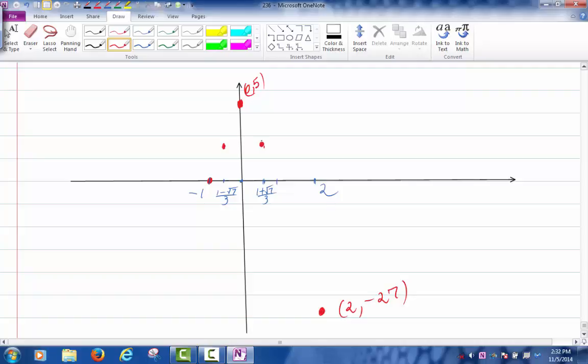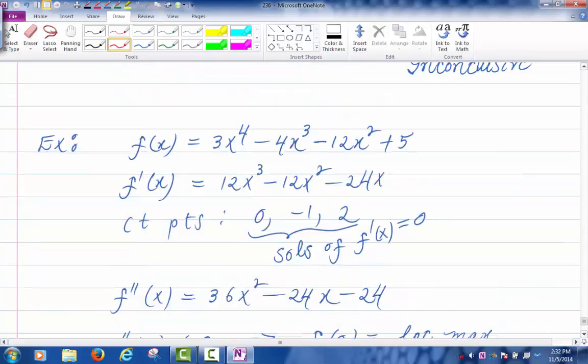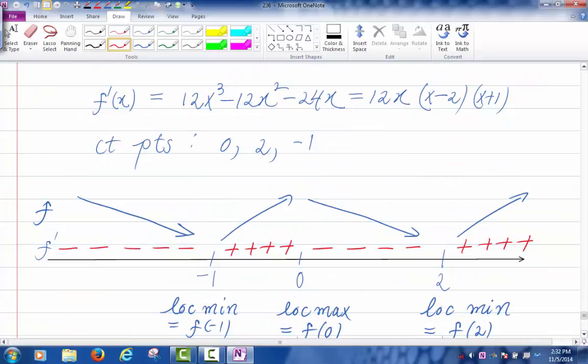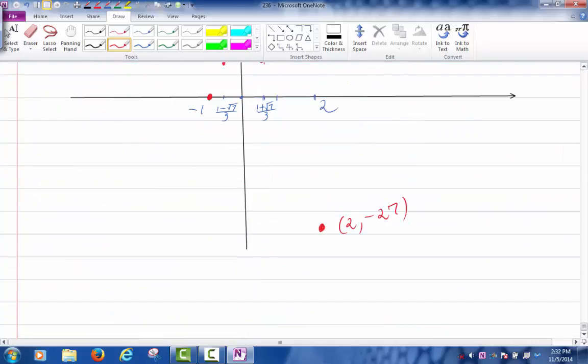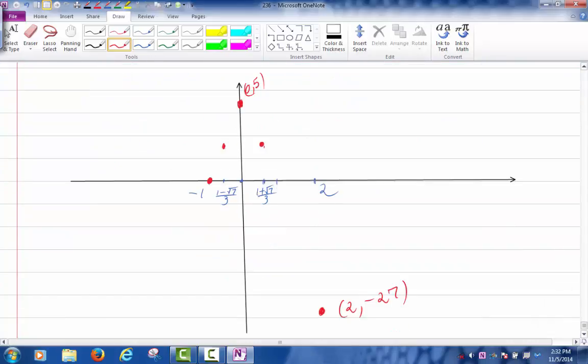What is happening on the left side of negative 1? If you look at the increasing-decreasing behavior, the function is doing what? The function is decreasing on the left side of negative 1, right? The function is decreasing up to negative 1, increases up to 0, decreases up to 2, and then increases again.